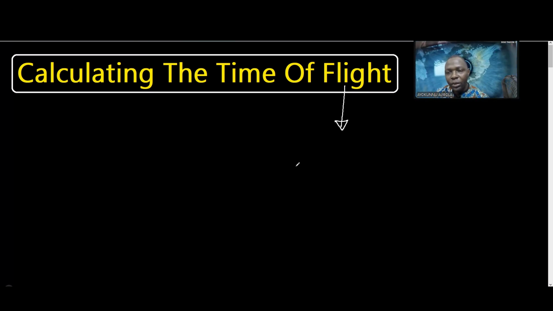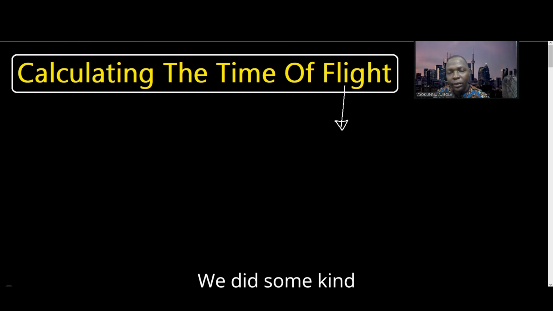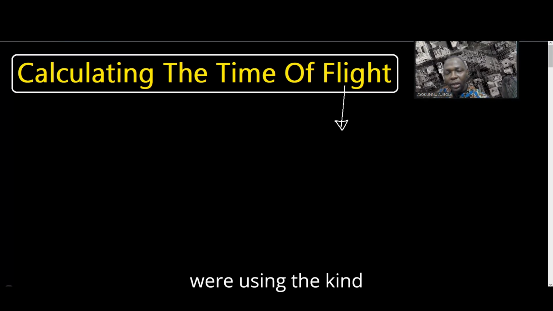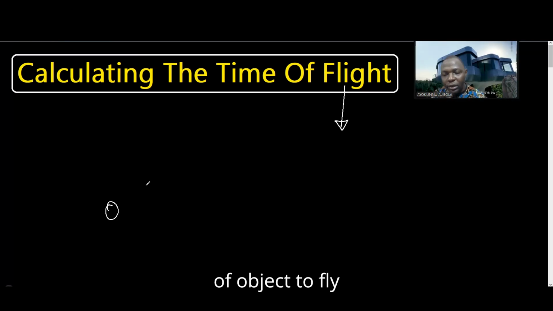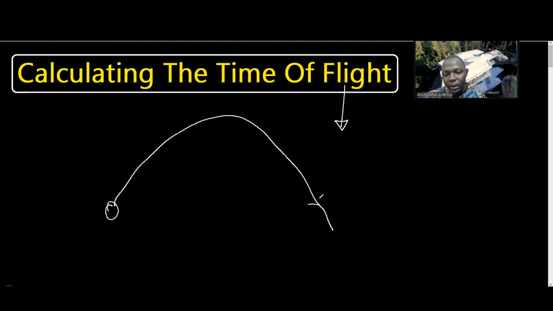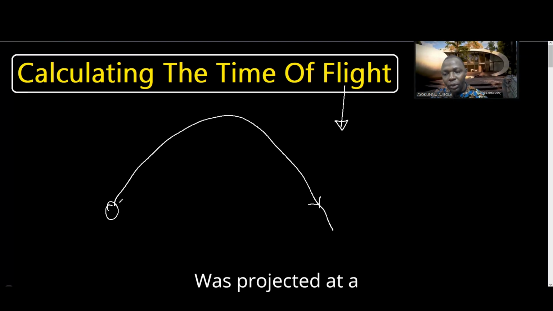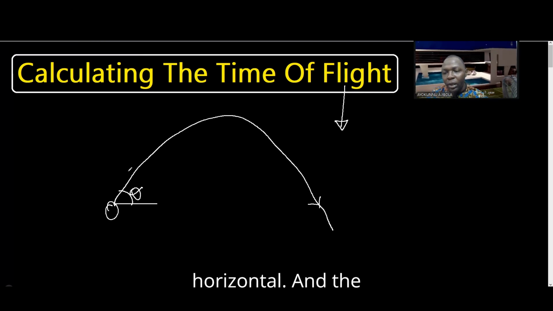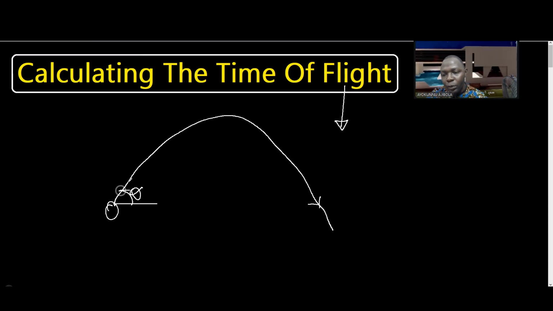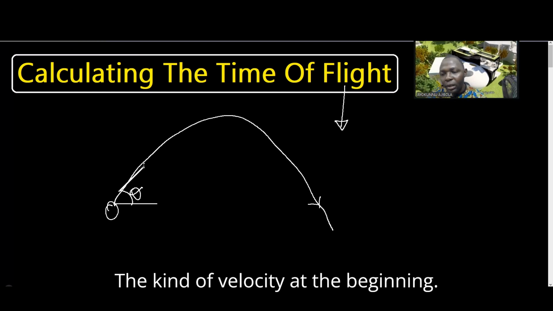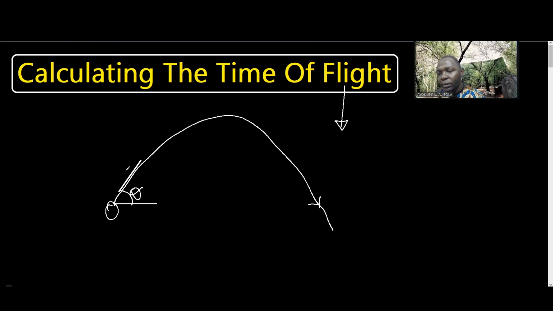During the last class, we did some kind of experiments where we were using an object to fly and try to land. The object was projected at a particular angle to the horizontal, and the object that is moving also has a velocity at the beginning.